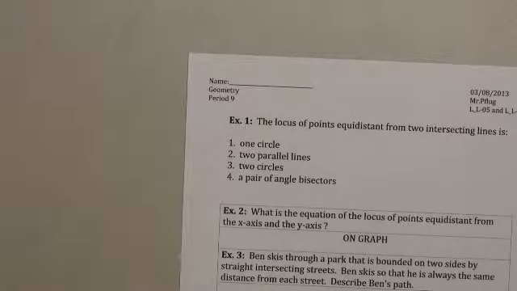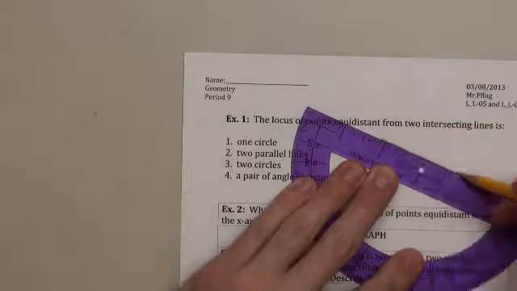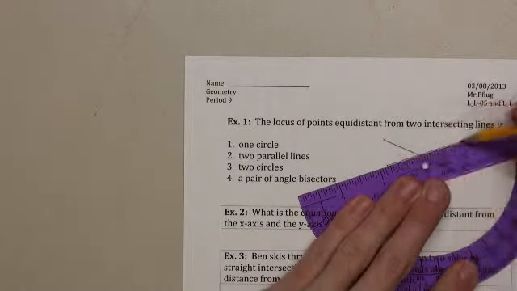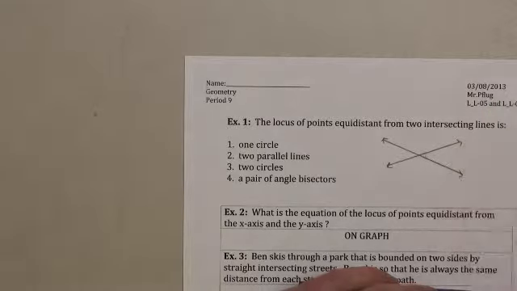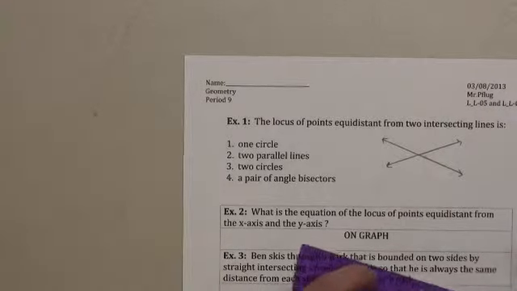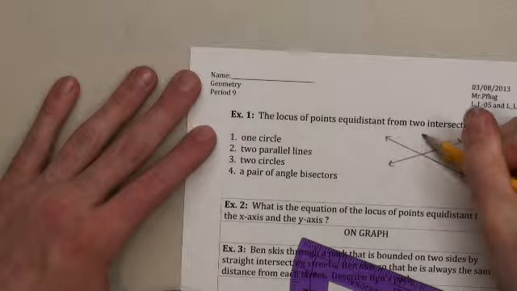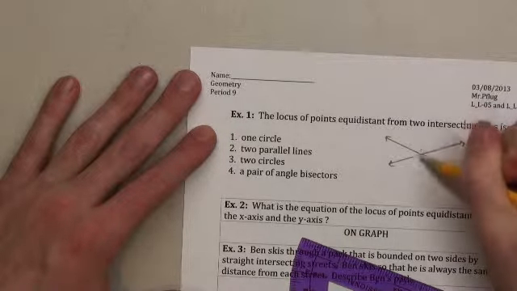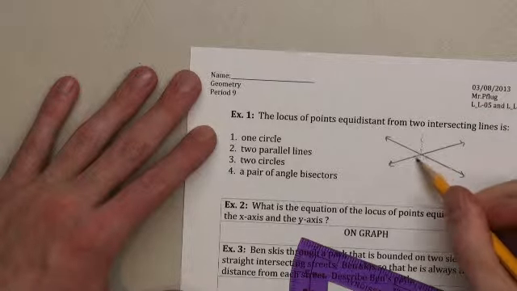Okay, first it says the locus of points equidistant from two intersecting lines. So what we have is two intersecting lines. They want to know all the points that are equidistant. So all these points that go like this are the same distance from these two lines, right? They're always the same distance.